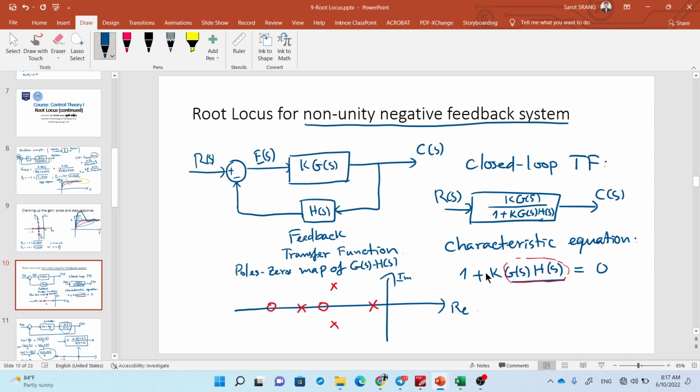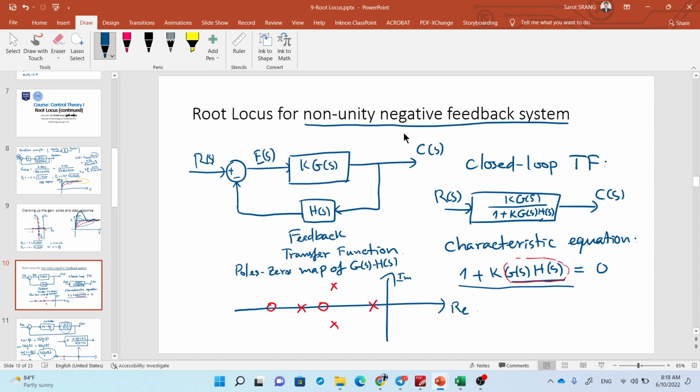This is just a reminder to recall what the characteristic equation looks like for the closed loop transfer function.